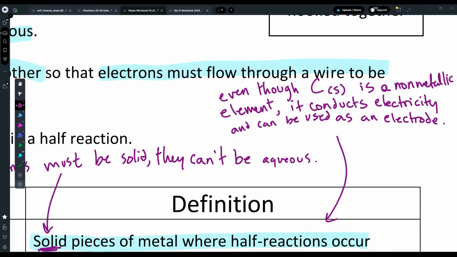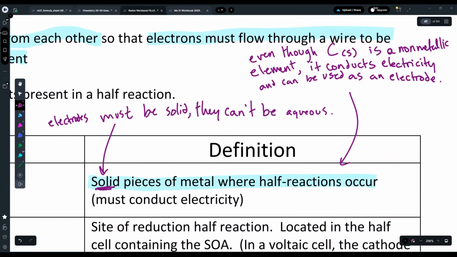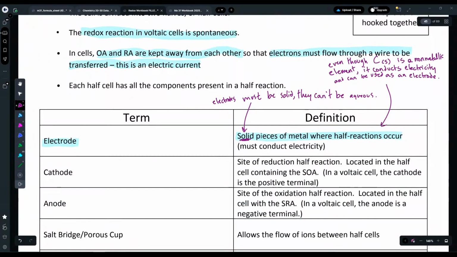Okay, so even though carbon is a nonmetallic element, it conducts electricity and therefore can be used as an electrode. Okay, so that's just specifying here because this definition does say that electrodes have to be solid pieces of metal. The only exception to that is going to be carbon. Where carbon is a non-metal, but we can still use it.